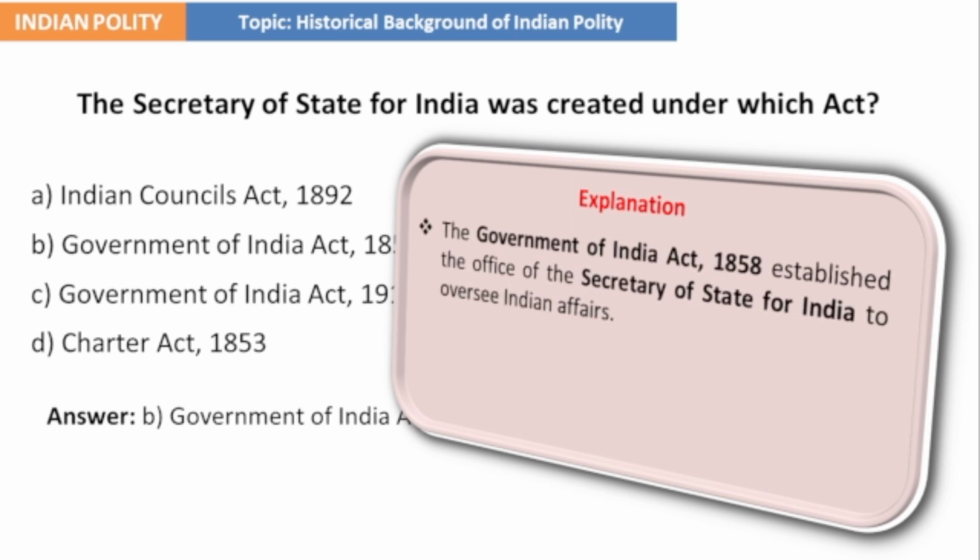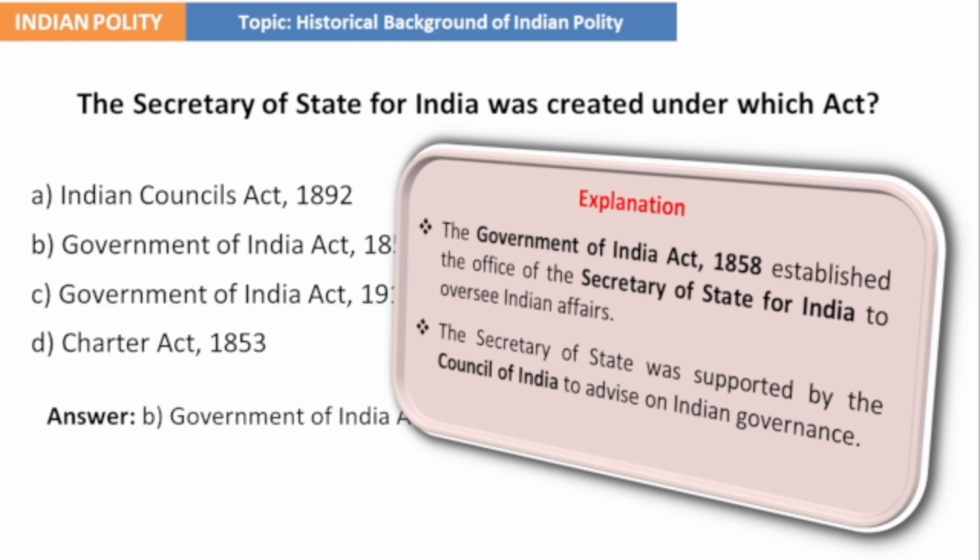The Government of India Act 1858 established the office of the Secretary of State for India to oversee Indian affairs. The Secretary of State was supported by the Council of India to advise on Indian governance.